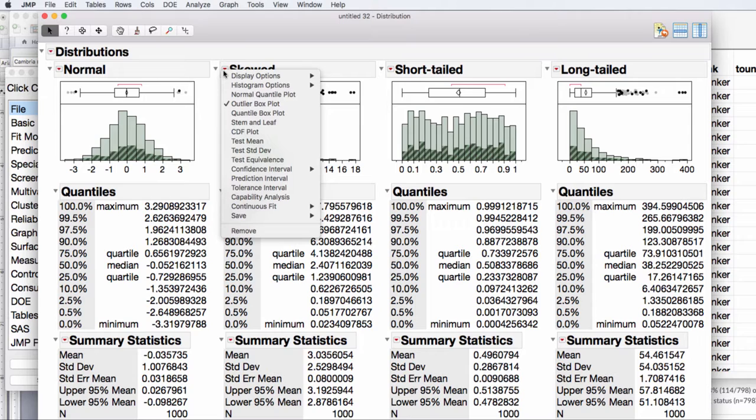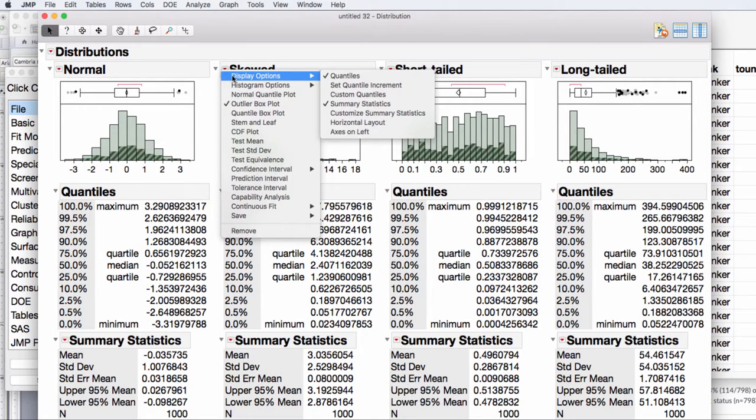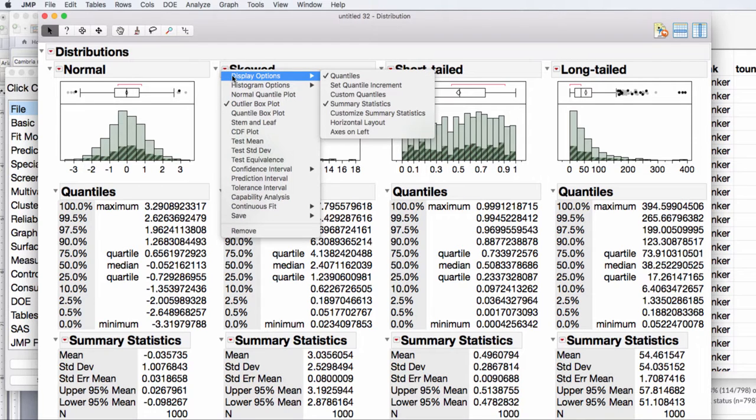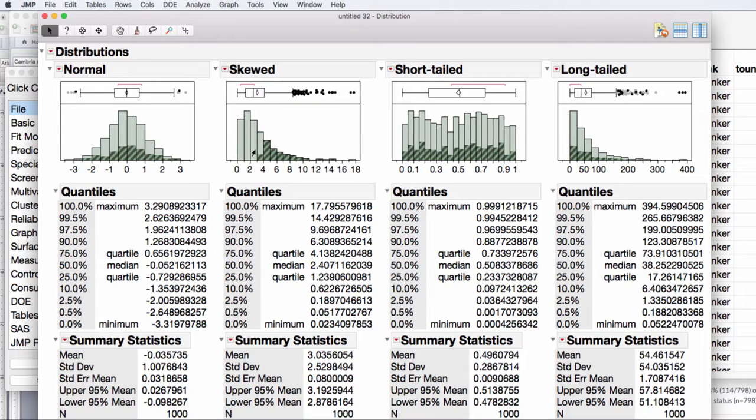You can ask JMP to display additional custom statistics if you would like. There are other options here for looking at the types of fit that you have. But basically what this will tell you is that your mean and your median are not similar, and you have much greater distance on one side of the mean than you do on the other to the minimum or the maximum.